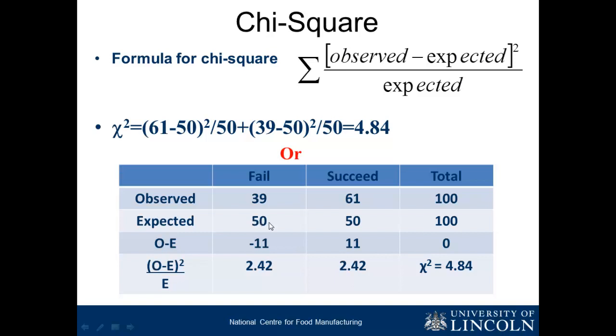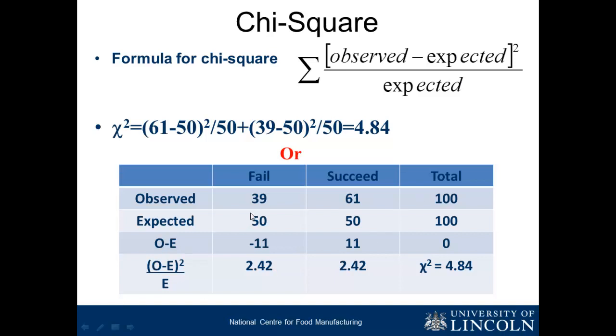So 50 dislike, 50 like. Don't forget the total must be the same, 100. If you are working in percentage, it might not be, but for this one the total is 100 for the first one and 100 for the second one as well. It might be the same, it might be different. It depends on the nature of the problem. We'll look at that later on.